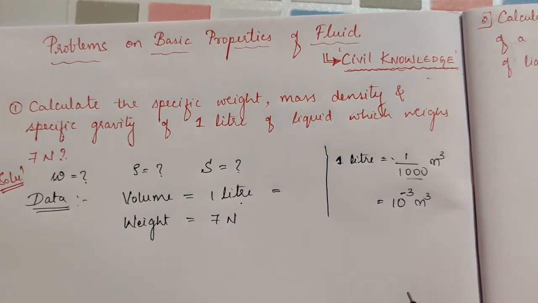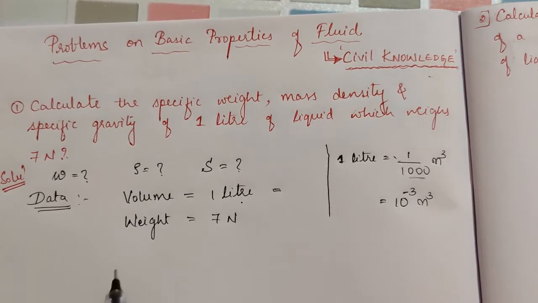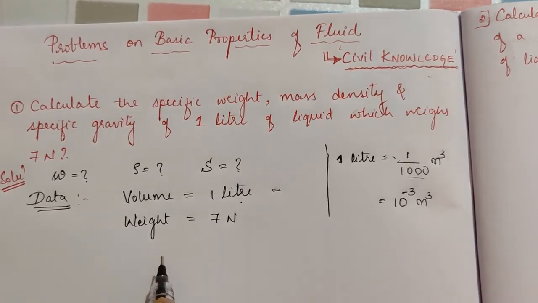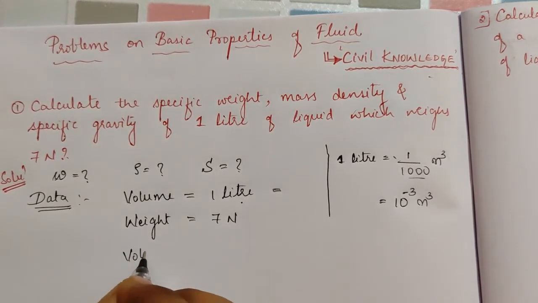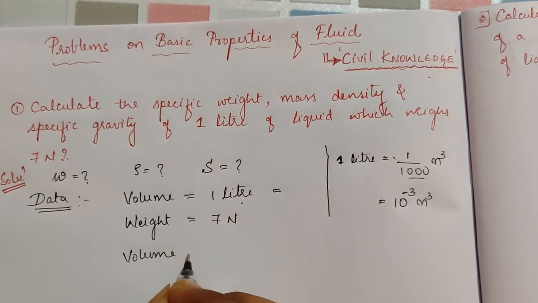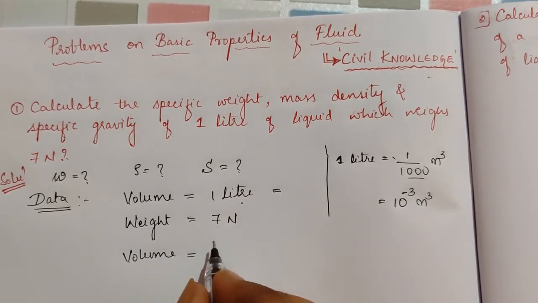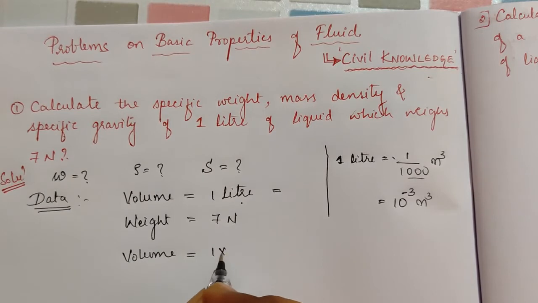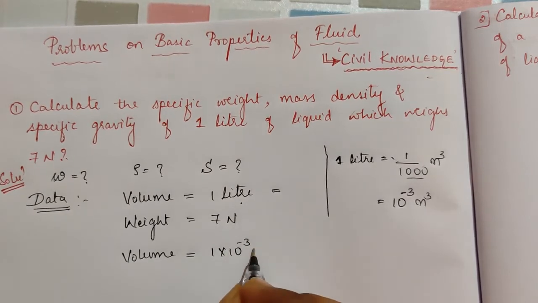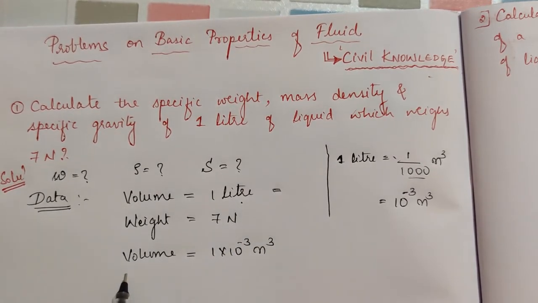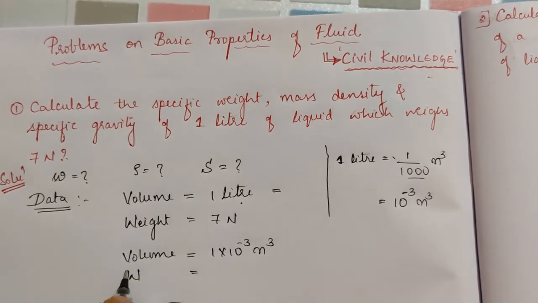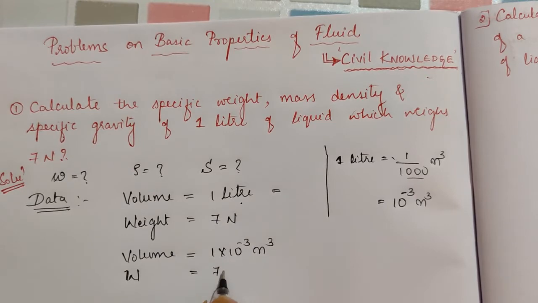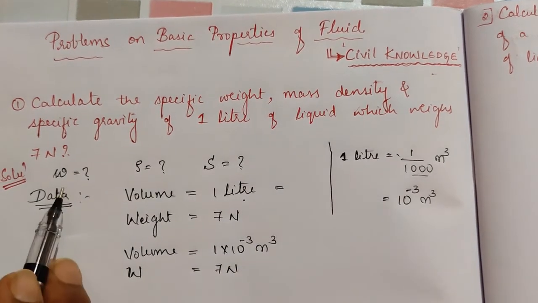So the volume will become 1 into 10 power minus 3 meter cube, and we also know the weight. The weight, capital W, is 7 Newton.